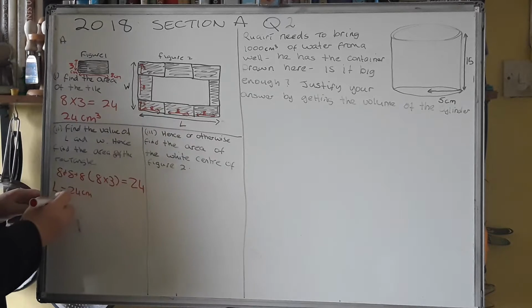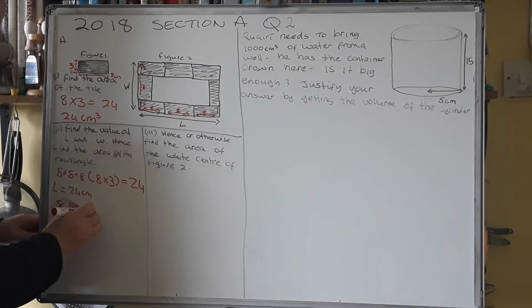So the width is 8 plus the 3 plus the other 3. So altogether, 8 plus 3 plus 3 gives you 14. So the width is 14 centimetres.